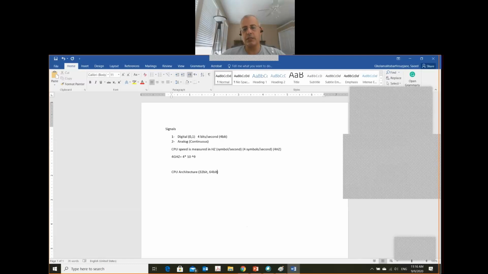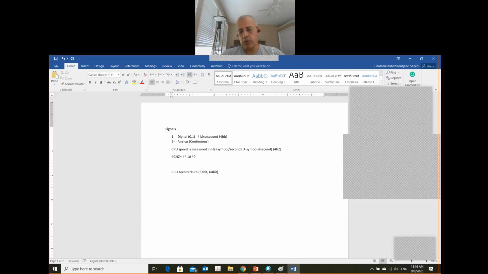Based on these two architectures, we have two types of operating system. Your operating system, like Windows, has to be either 32-bit or 64-bit. 32-bit only works with 32-bit operating systems and CPUs, and the same for 64-bit.